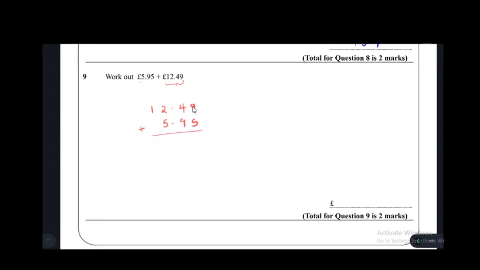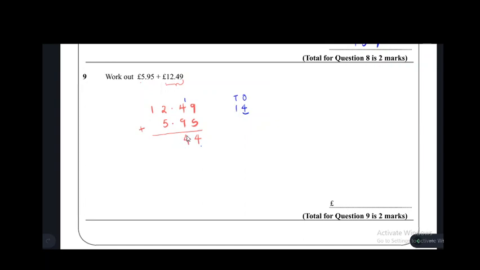9 plus 5 is 14. So 4, we carry 1. So whenever you have a 14, this is in the ones, this one is in the tens. The ones will be written where we have the ones, and then the tens will be carried. That's what we have been doing. Okay, so 9 plus 4 is 13, plus 1 is 14.